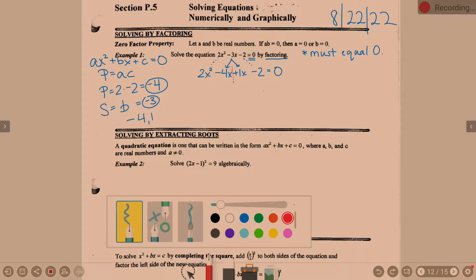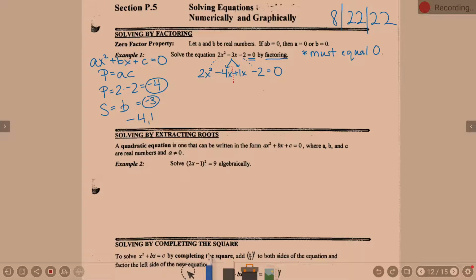We're looking for our GCF of the first two terms. 2x squared and 4x both divide by 2x, so I'm going to factor 2x out front. When I divide both pieces by 2x, what am I left with in parentheses? x minus 2.